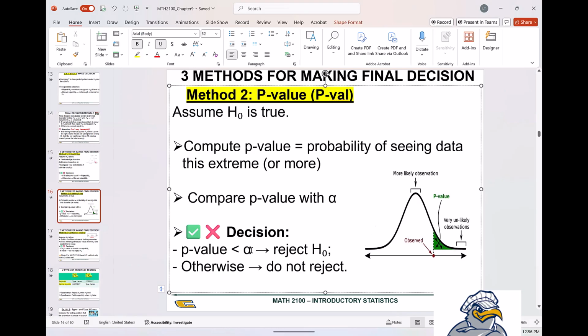This is the reason people love the p-value. If you get a very, very small p-value, say 0.001, then the probability of getting such data, if H naught is correct, is 0.001. That means you have something extreme. If the probability of getting such data is 0.001 and this is the first time you collect data, then something may be wrong.